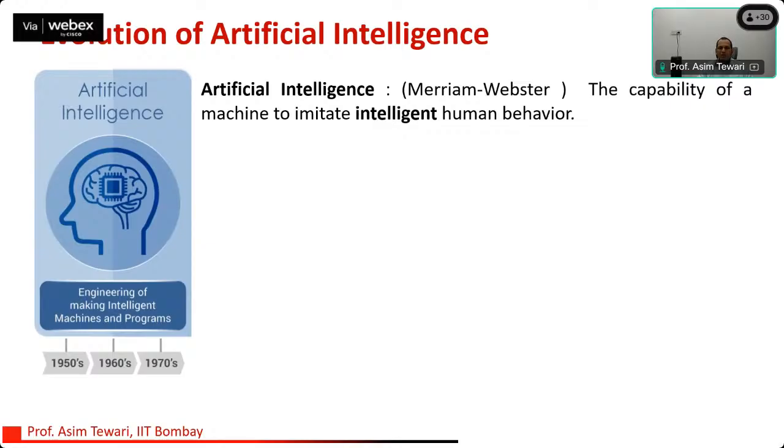But how much imitation, how much intelligent human behavior we are looking at is something which we keep discussing and debating. However, nothing really happened for the next 20 odd years, until the 1970s and early 80s. It was primarily a concept, not really having any practical sense to it.